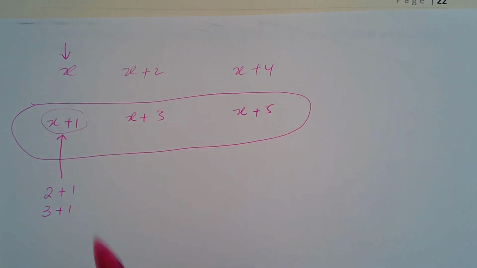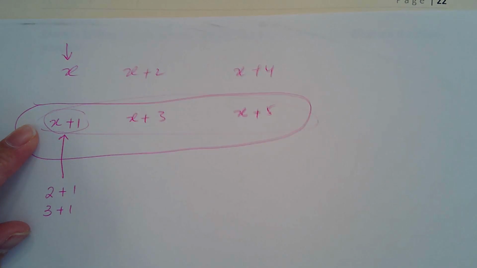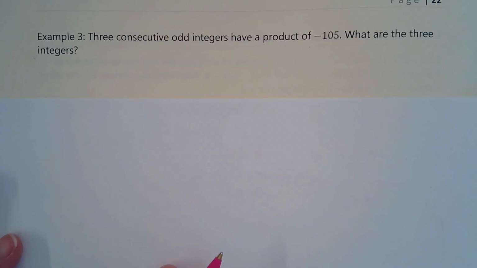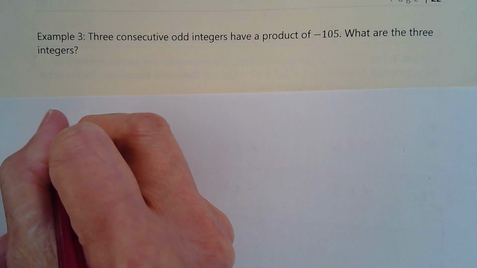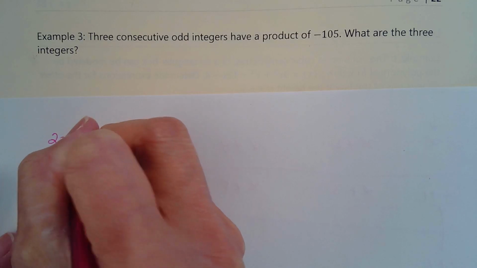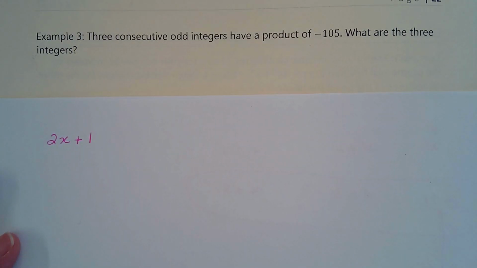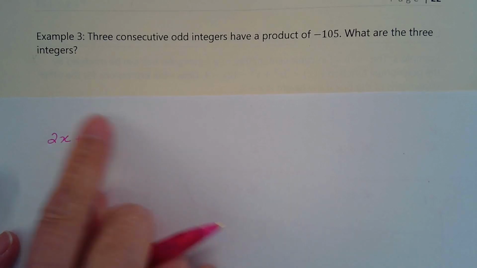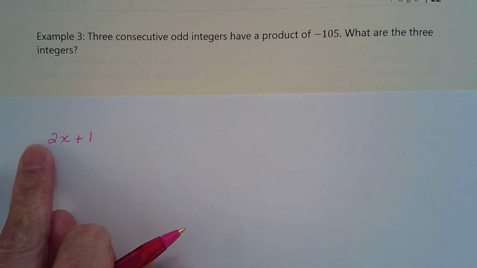So I'm going to borrow this idea, and this is what I'm going to do. Will this always give me an odd number, no matter what the x is?